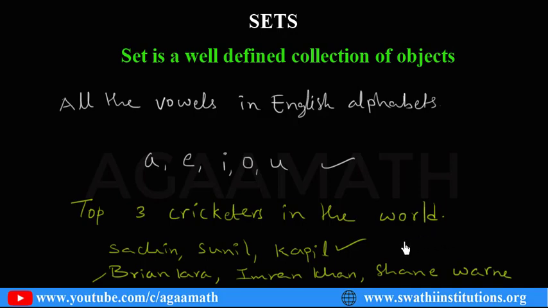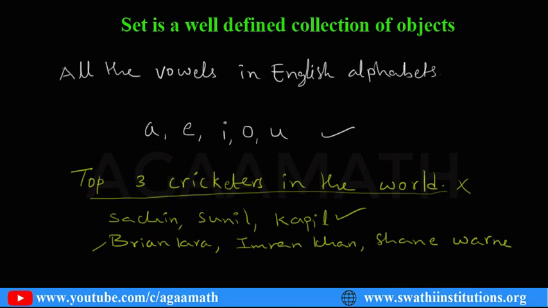As we knew before, it should not vary from person to person. So this statement is not a set, because here you may get a collection but it is not well defined. Let us take one more example.